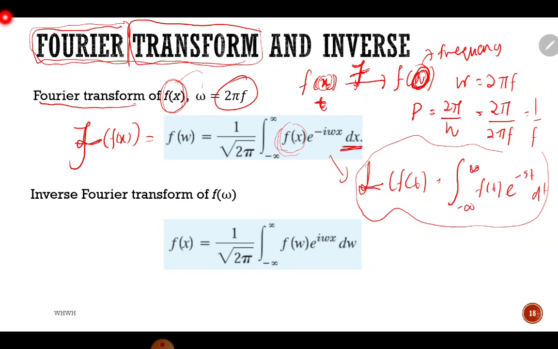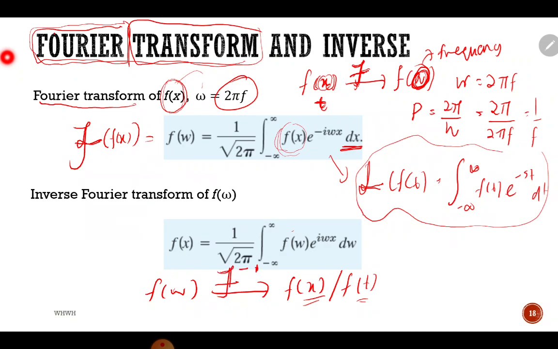And this is its inverse. What does inverse mean? It means our function now is in the frequency domain, and we want to get back to the time or space domain. How are we going to do this? We use the inverse Fourier transform. So how do we do the inverse of Fourier transform? The inverse Fourier transform of F(omega) is equal to f(x).